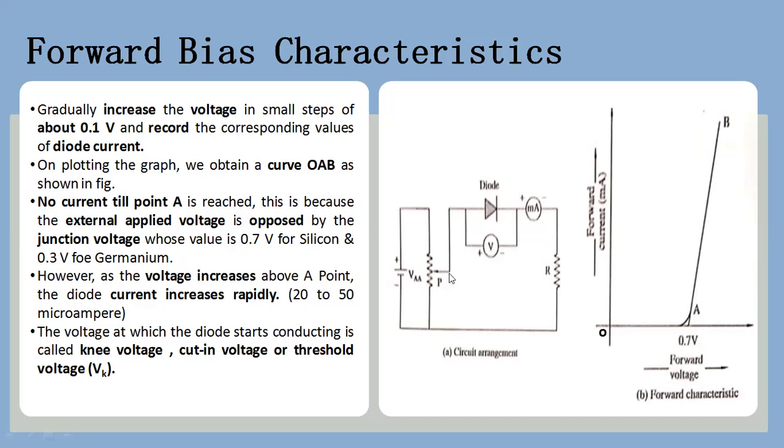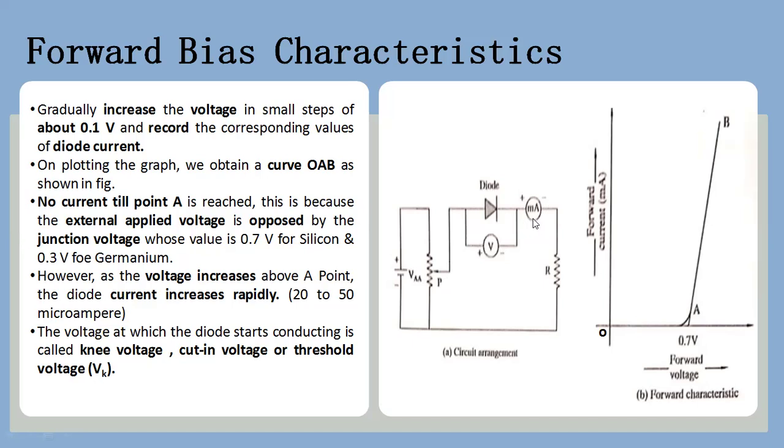We are also using a potentiometer with the help of which we are gradually increasing the supply voltage in small steps of about 0.1, and we are recording the values of the diode current with the help of the ammeter.